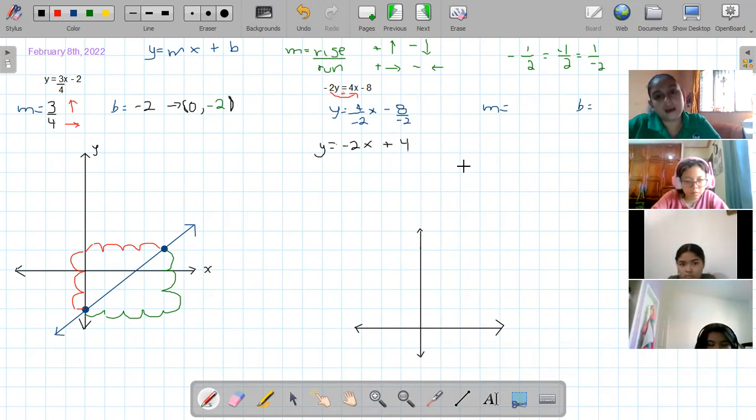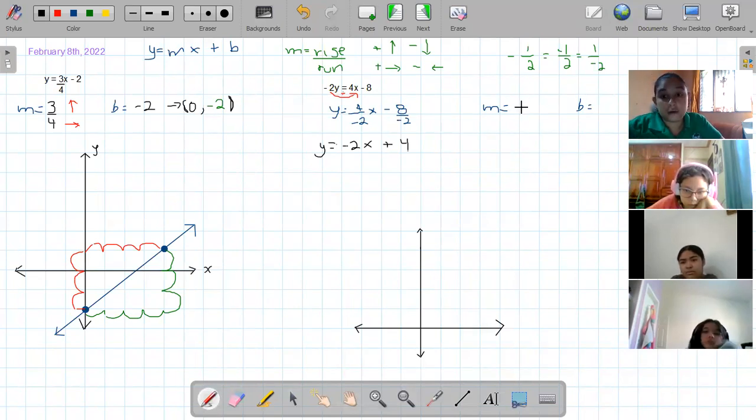Let's identify M and B. What is M? What is the slope in this equation? -2, very good.